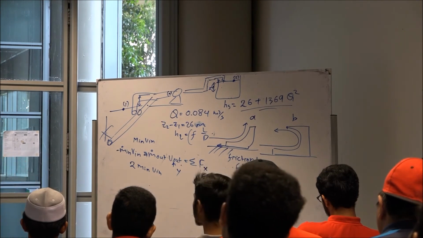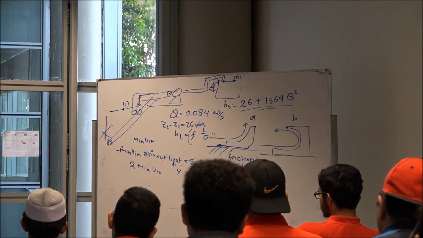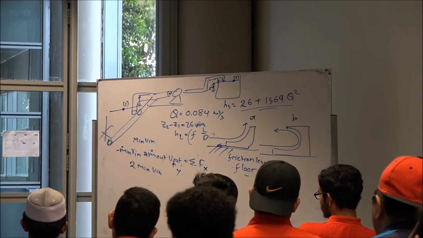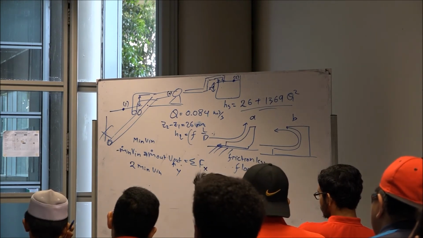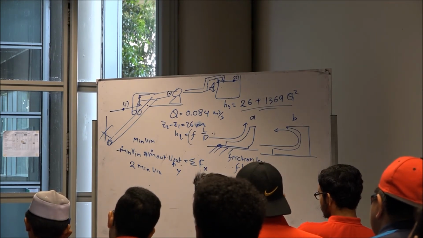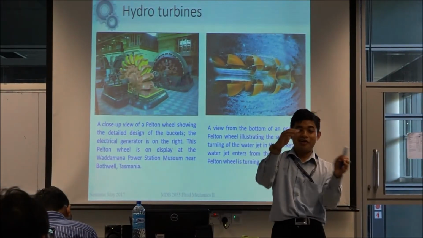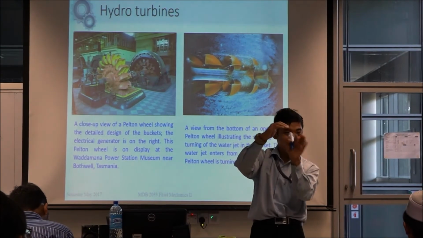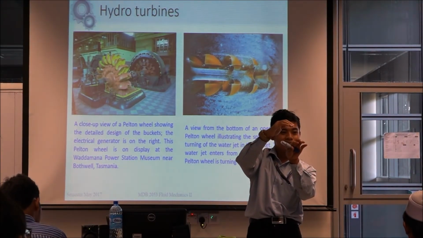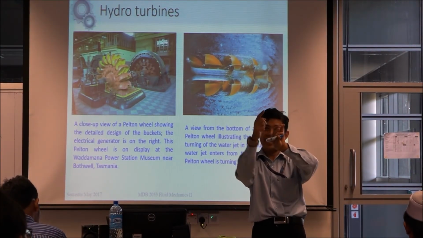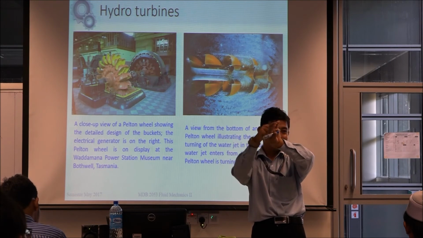The same goes for this. You want to have the jet strike the bucket and then return at 180 degrees. That is what we want. But you cannot, because when it hits the bucket, the bucket will start to move, and the water will come back.